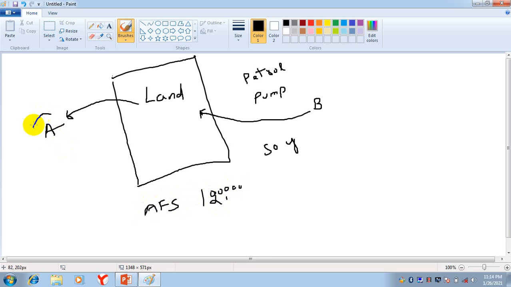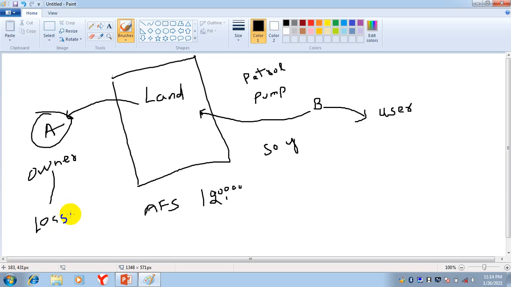Now one party is the owner, Mr. A, and Mr. B is the user who is using that land. Now this Mr. A, the owner, is called the lessor. And this Mr. B, the user, is called the lessee.